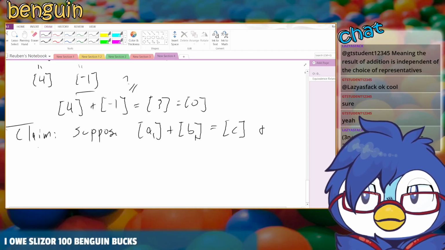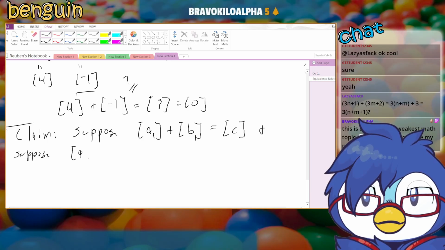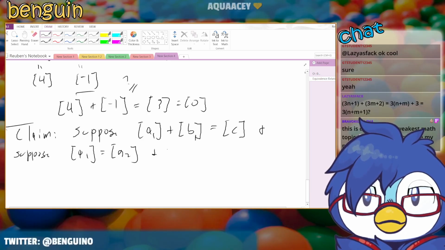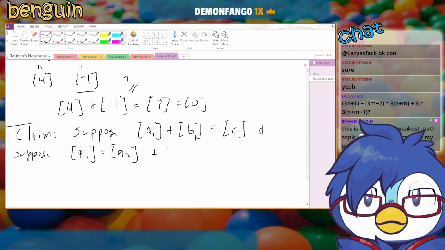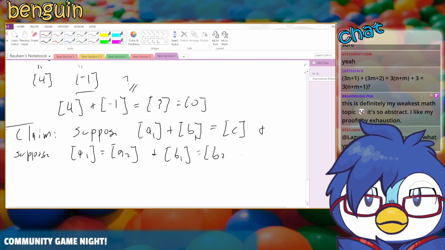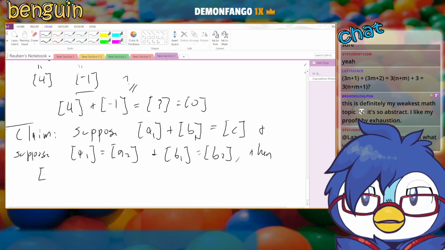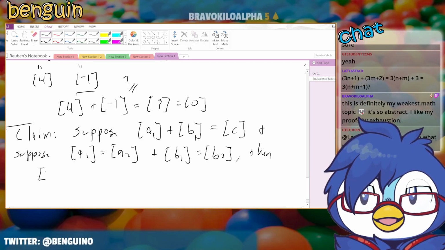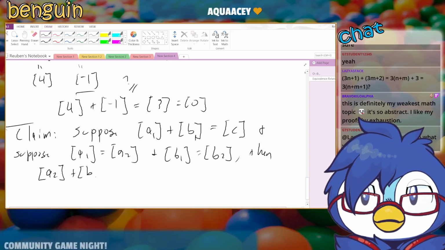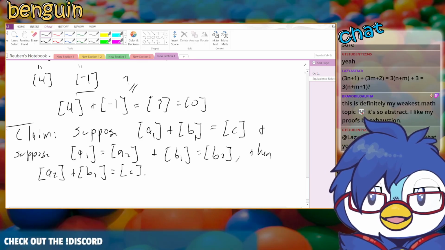And suppose that A1 is equivalent to A2, and B1 is equivalent to B2, right? Then my claim is that I can swap out A1 and B1 with A2 and B2. In other words, I can just swap out the representatives, and I still get the same answer of C. So that is the claim.